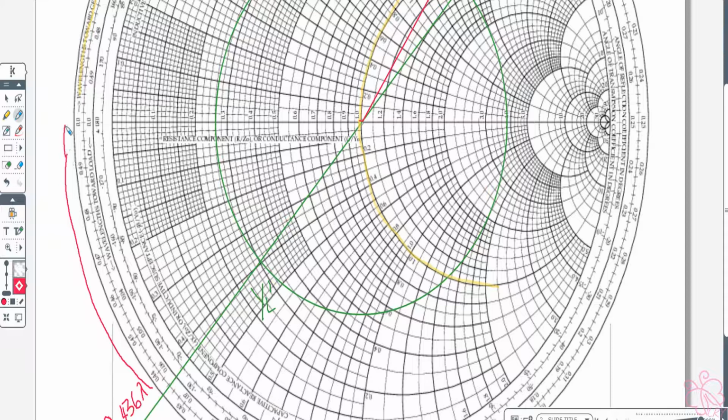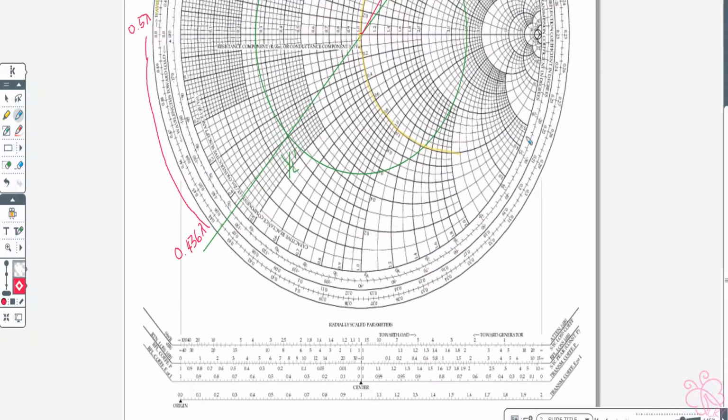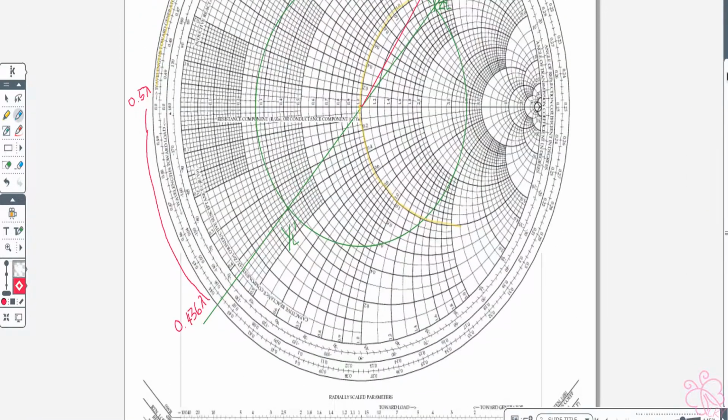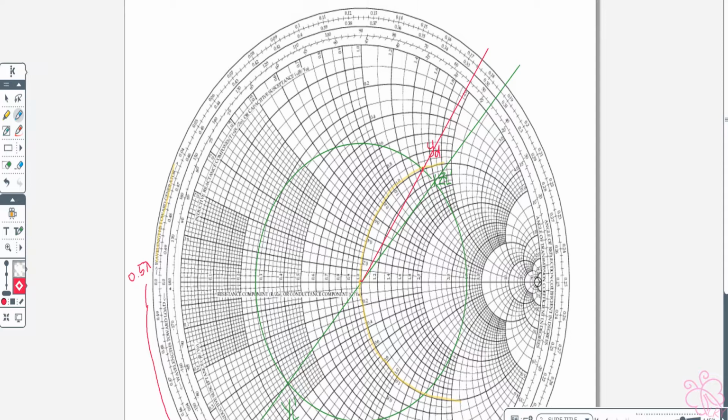From 0.436 lambda, the direction is moving from here up until our far end, which is here. This is 0, so one whole turn is 0.5 lambda. Then it will start back from 0 and we will move until we find the YD. So YD is here, 0.17, 0.18.